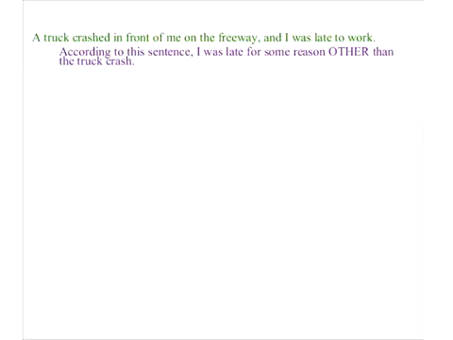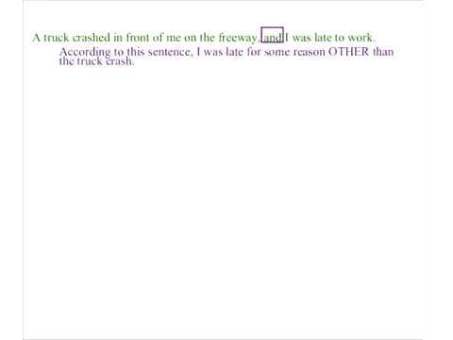This is the fundamental fact that you have to know about the word and: if it's not paired with any other connecting words, it connects things that are largely independent of each other.